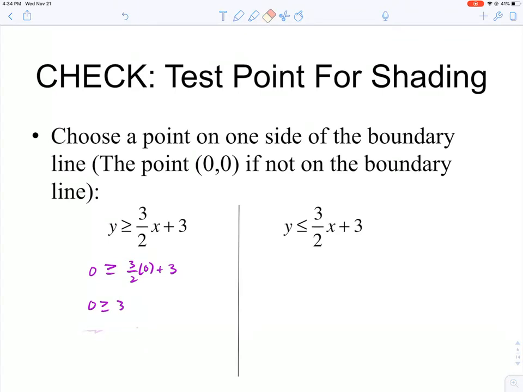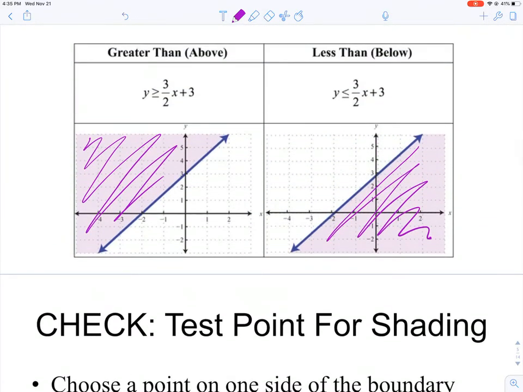I'm sorry. Okay, so we get 0 greater than or equal to 3. That's false. So what that tells us is that we should be shading on the side opposite of where (0, 0) is. (0, 0) is right here, and we can see that we end up shading on the opposite side of the boundary line.